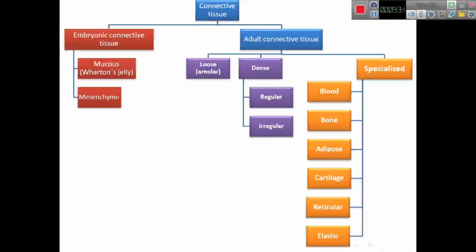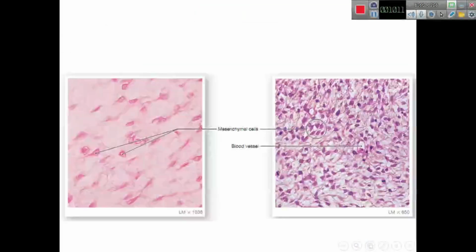In bone we have a mineralized matrix. In blood we have a liquid extracellular matrix. In adipose most of the cells are adipose cells. In cartilage we have a special extracellular matrix, in reticular we have a lot of reticular fibers, and in elastic we have a lot of elastic fibers. These kinds of connective tissue are also called specialized connective tissue. They are specialized for performing a special function in our body.